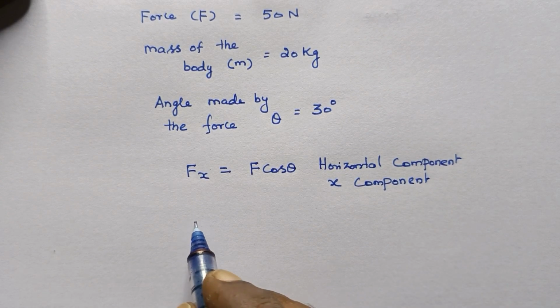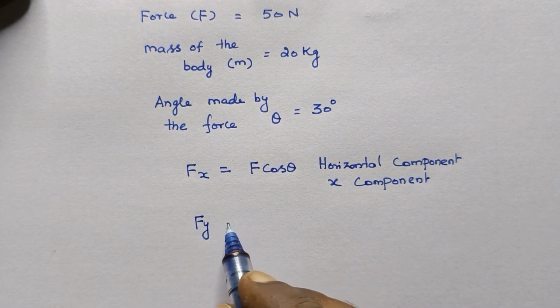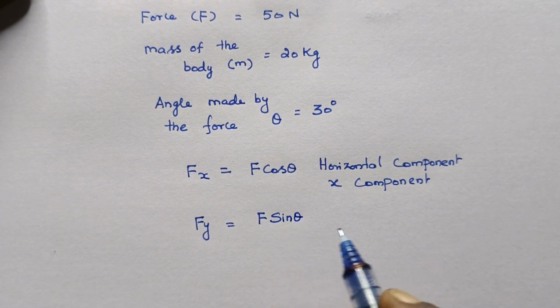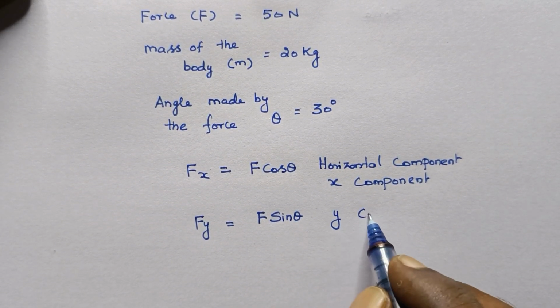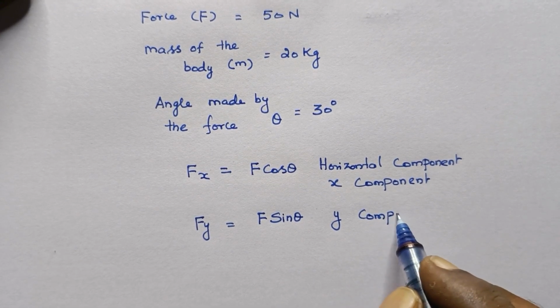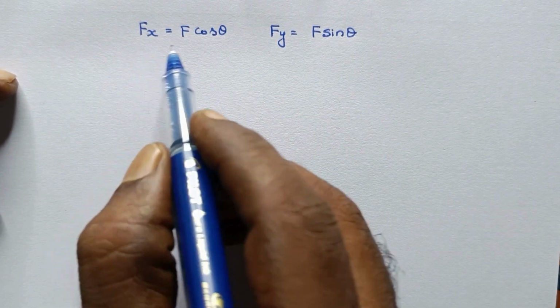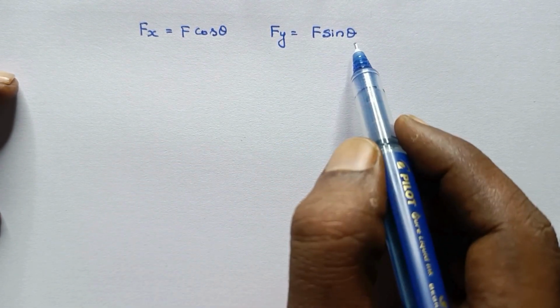The second one is Fy, which is equal to F sin theta, and this is the y component. So Fx equal to F cos theta and Fy is equal to F sin theta.